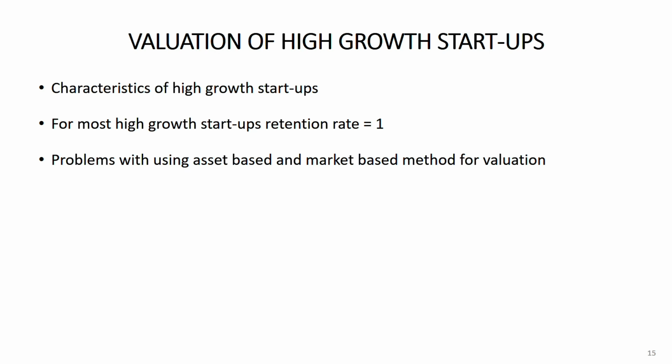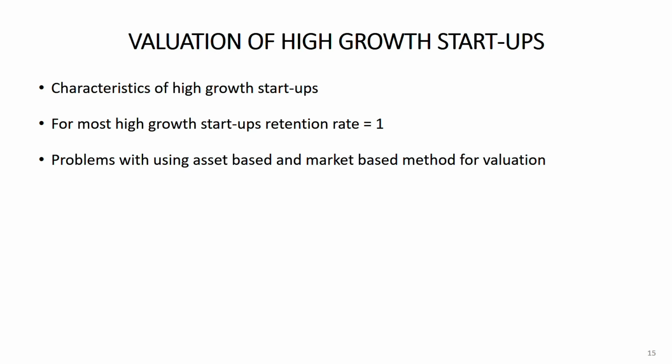Second method, let's go to the market based method. It's a high growth startup. Can it have a price earnings ratio? Then earnings yield? Or the third method, which we studied under market based, the market to book ratio.